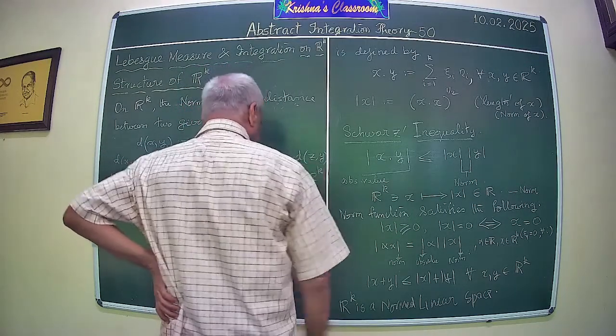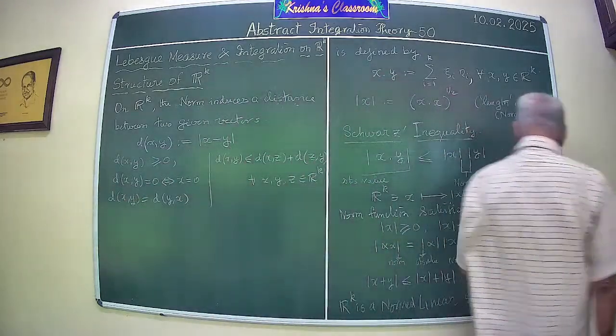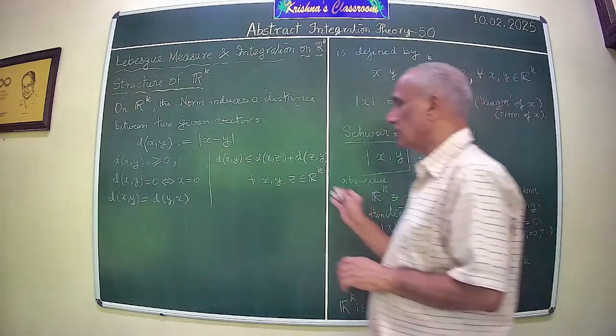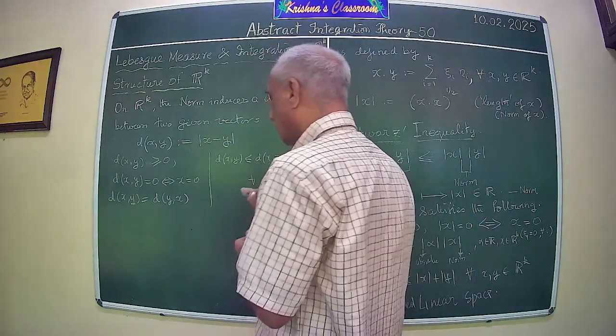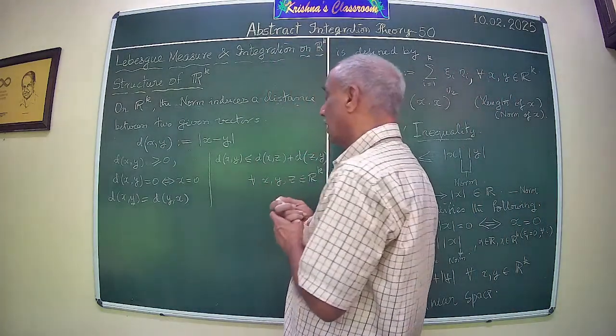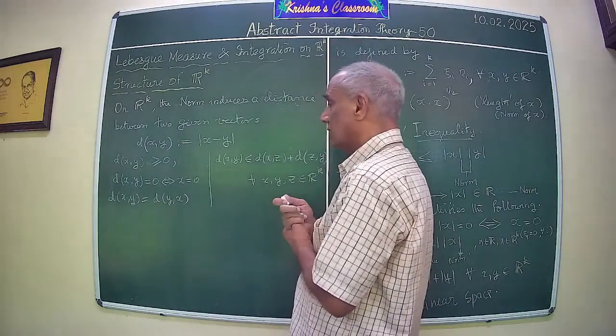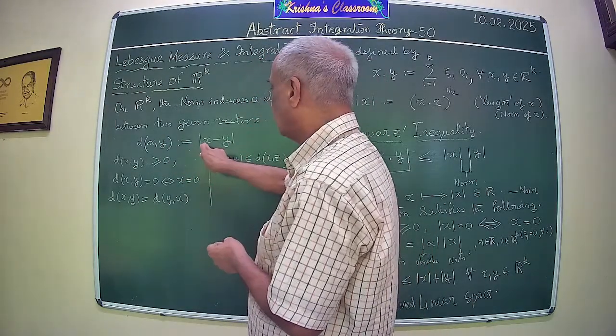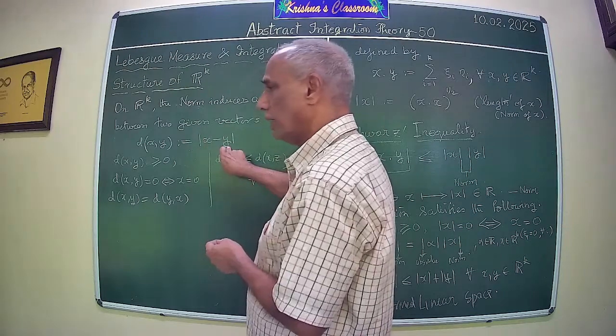That means all the basic properties required for a distance function are satisfied by d(x,y). So d(x,y) is essentially the concept of a distance from x to y.